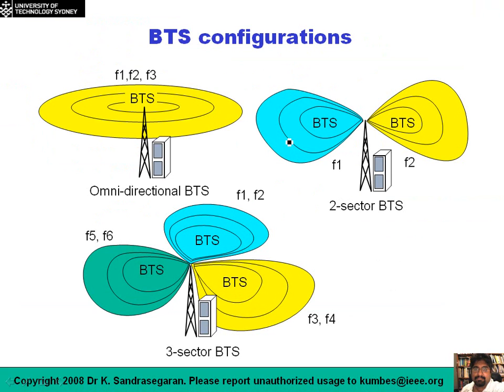In the case of an omnidirectional site, we might have 3 frequencies allocated to a particular one. These are more likely to be used in rural areas, whereas as you move towards the centers of cities, you'll find sectored cells, where some of the frequencies are allocated to each sector, thereby creating 3 cells in one particular site.